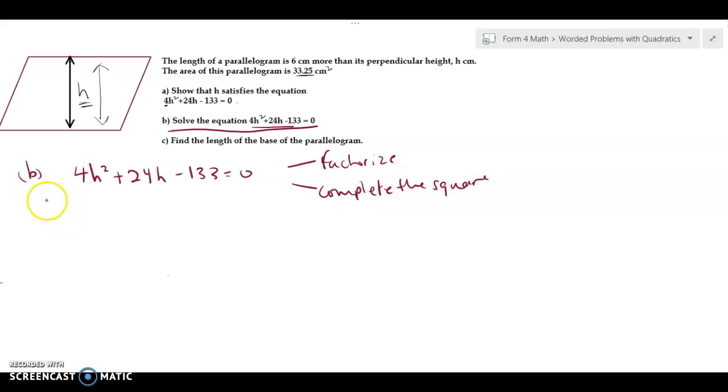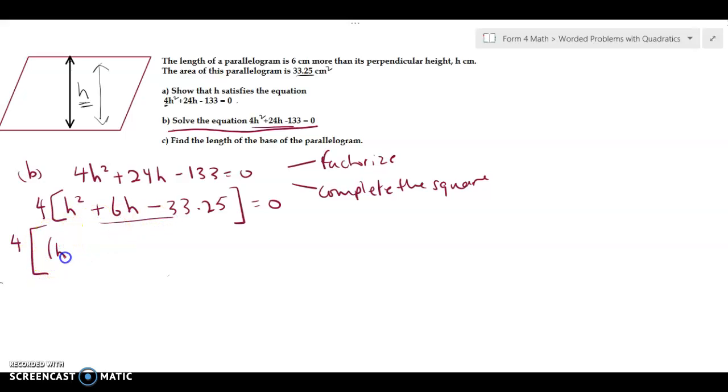So let's begin. So I'll factor out the 4. Right, so that means each value has to divide by 4, and then I will complete the square for the inside piece here. So I'll get h plus 3 squared minus 33.25 minus 9, because I have to minus this 3 that was squared.